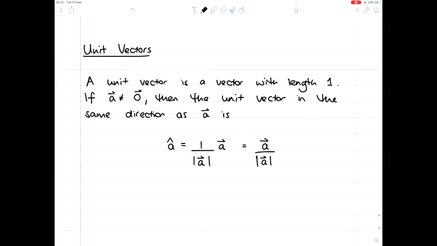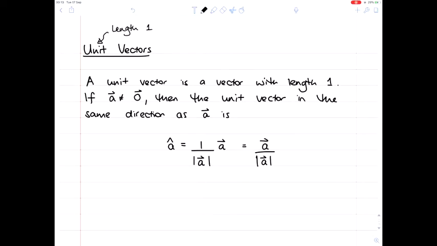So we've already actually seen 3 unit vectors. Our basis vectors are unit vectors because they have length 1. But it might be useful on occasion to be able to take any old vector, not one of our basis ones, and find the unit vector in the same direction as that vector.